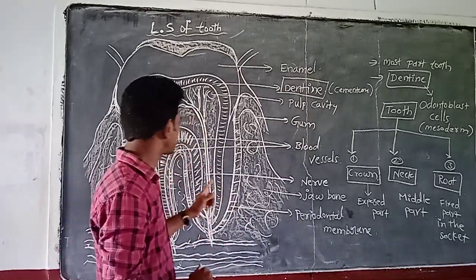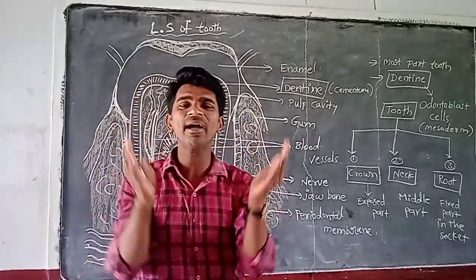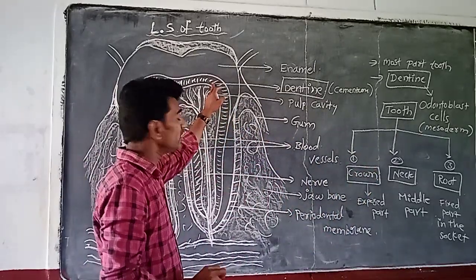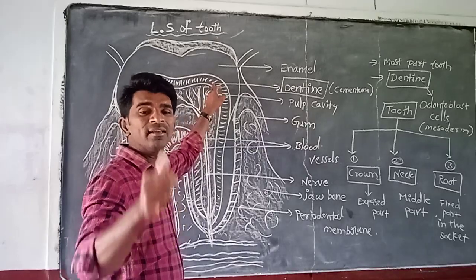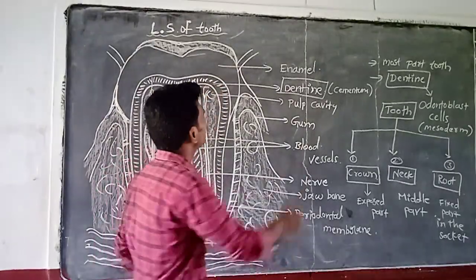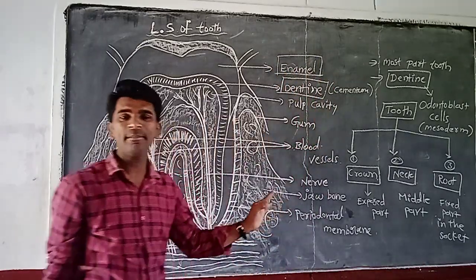Okay now, next one. This dentine is covered by the hardest substance in the body, called enamel.